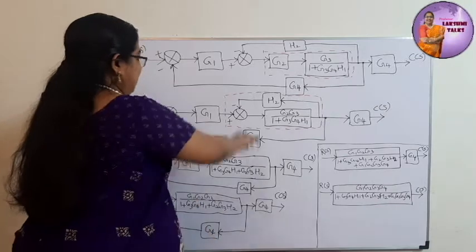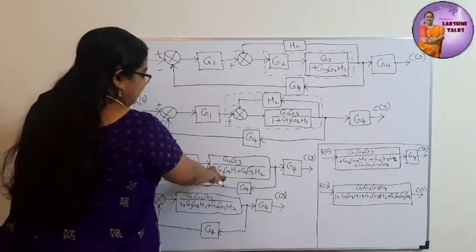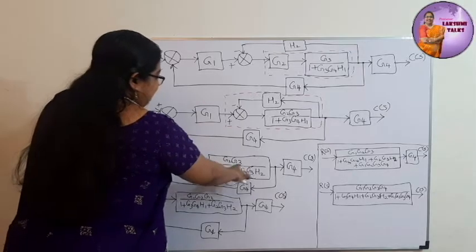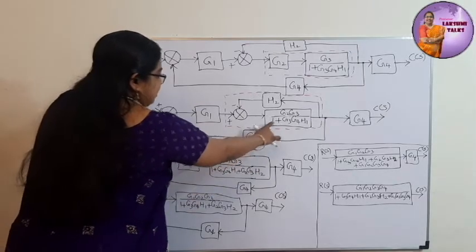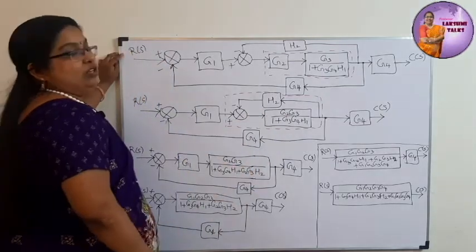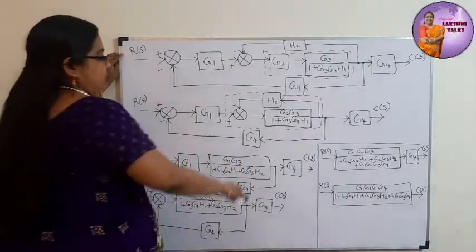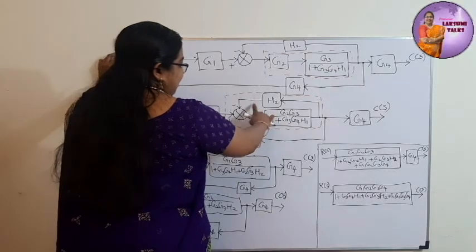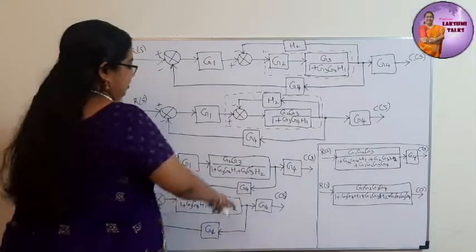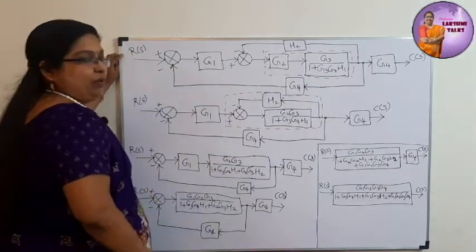When you do that, this is what we get: G2 G3 divided by 1 plus G3 G4 H1 plus G2 G3 H2. So this divided by 1 plus this into this block, that is this one.